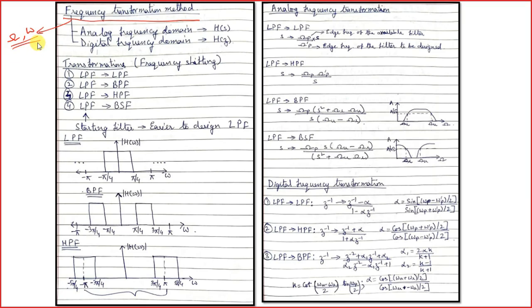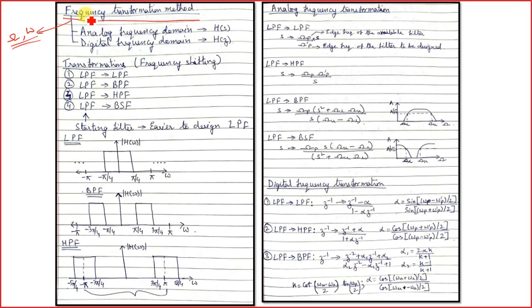So we can modulate the frequency response of a filter either in the analog domain or in the digital domain. What happens in the frequency transformation method?